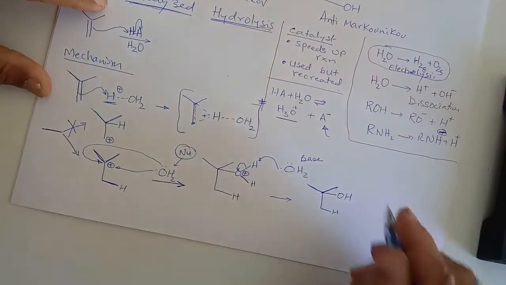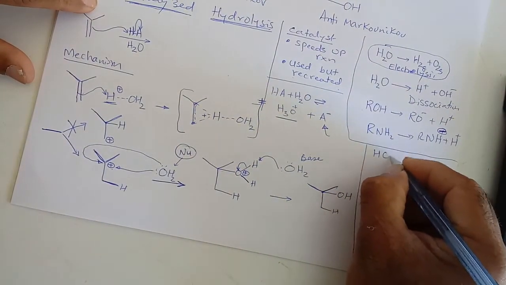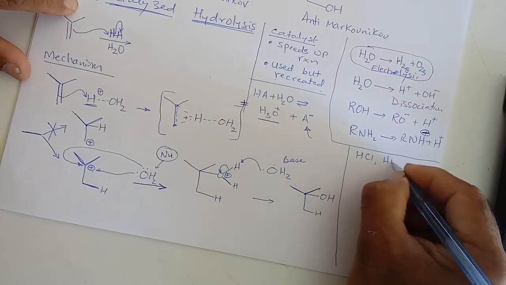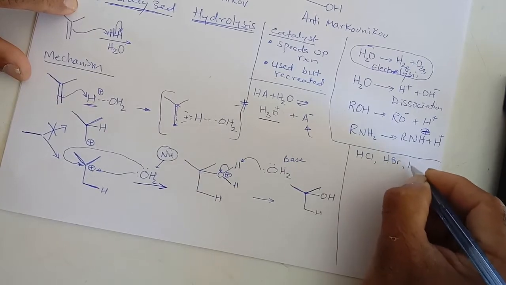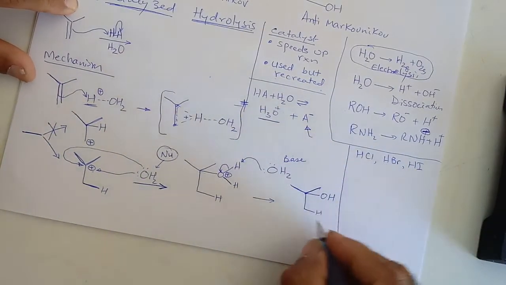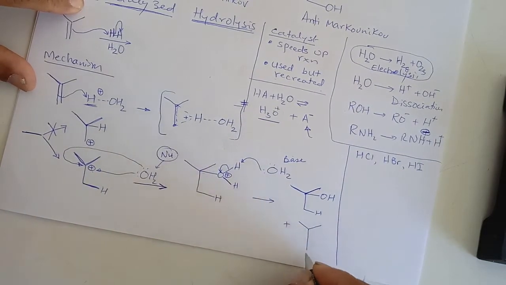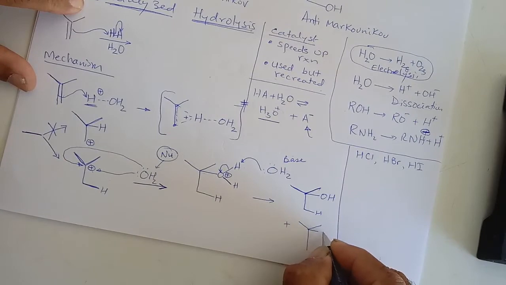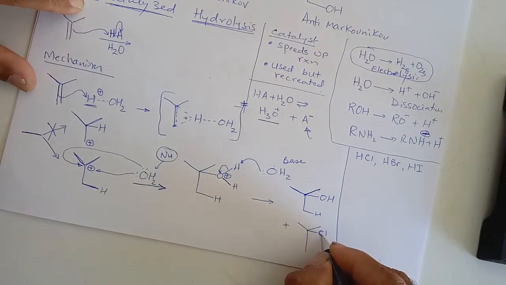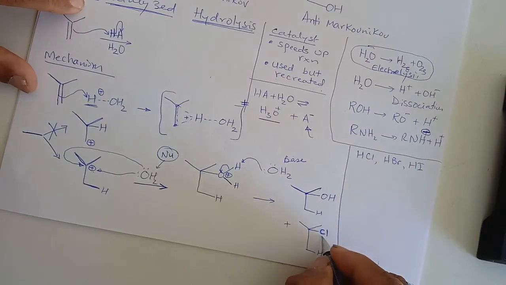Now, what acids are acceptable? If you use HCl, HBr, and HI, there is a long shot, a possibility that we might get a minor, tiny amount of Cl, Br or I attacking. Is that correct? Because that anion is still there.